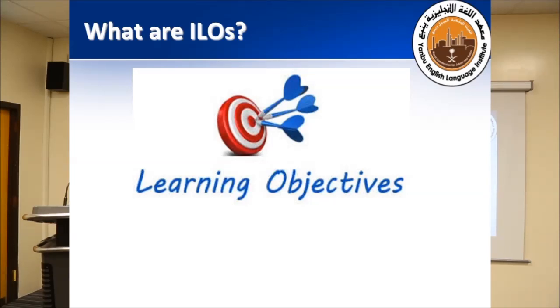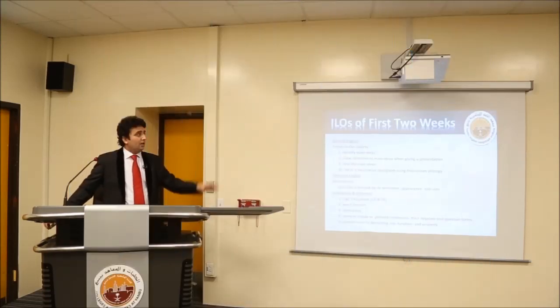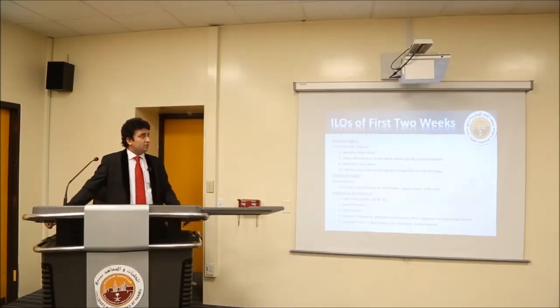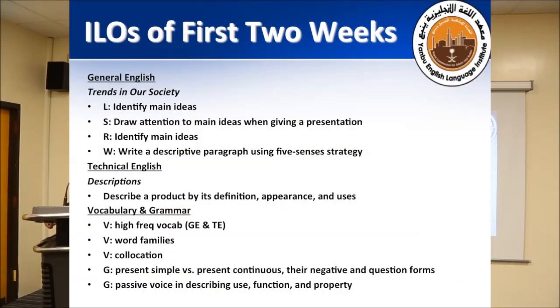Now, if you look at the first slide, these are the ILOs which we covered in the first 2 weeks. These ILOs have been divided into 3 sections. The first section is General English. The second section is Technical English. And the third section is Vocabulary and Grammar.